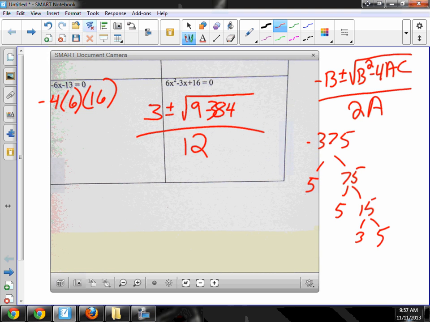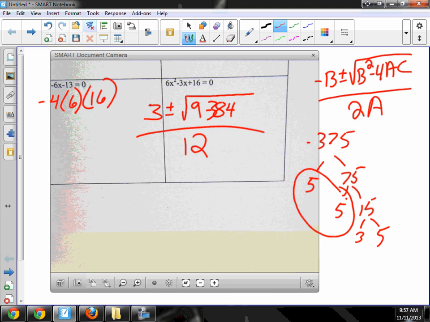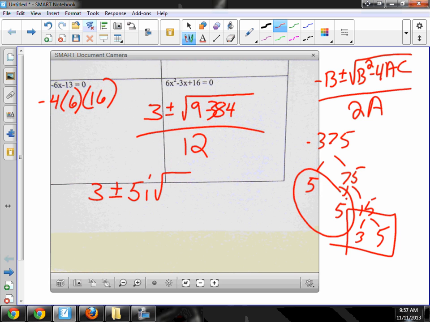Can I pull anything out? A 5 and an i, because it's negative. So 3 plus or minus 5i root, what's left over? I have a 3 and a 5 left over, which gives me 15 over 12.